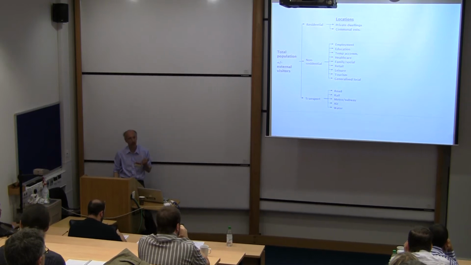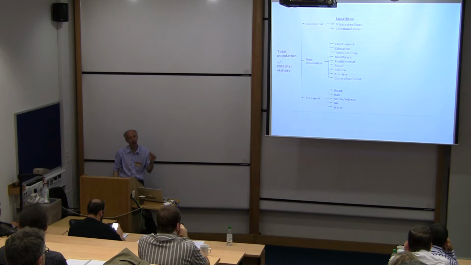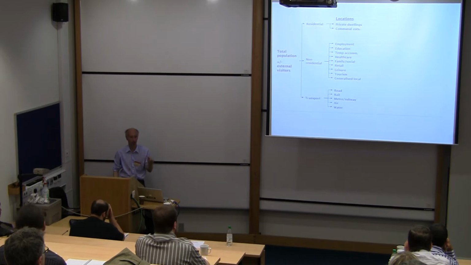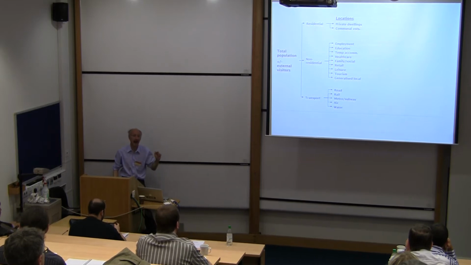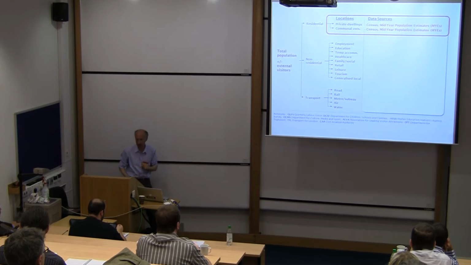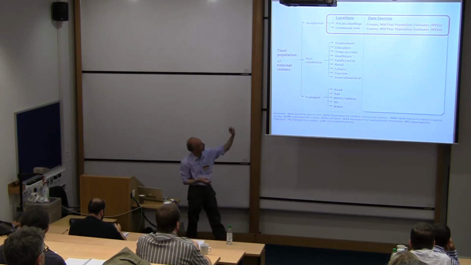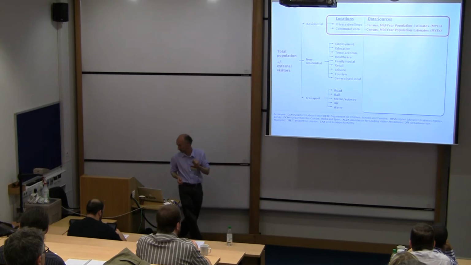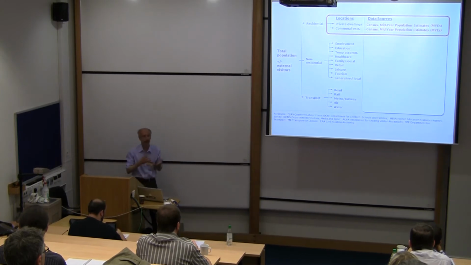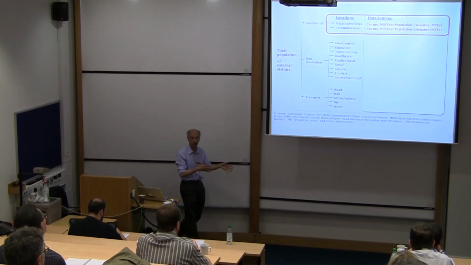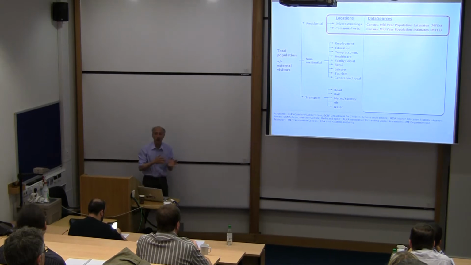And my question for this whole project has been, what can I learn about the numbers of people who are engaged in each of those things, and over time, where could I go? My conventional source for all of those residential locations has tended to be census-driven data sources. Census from 2001 is not exactly open.